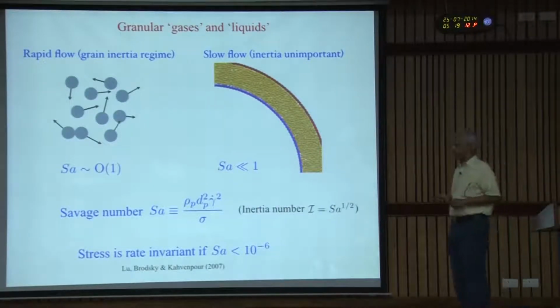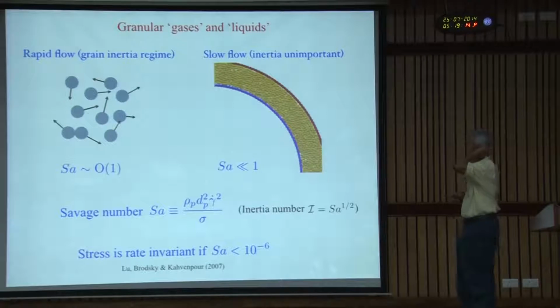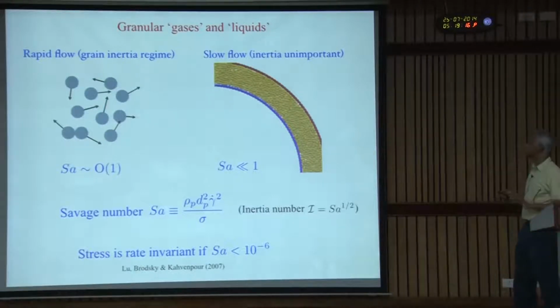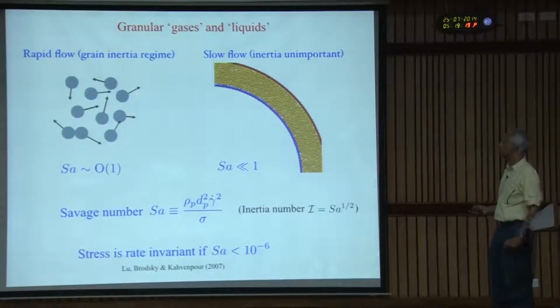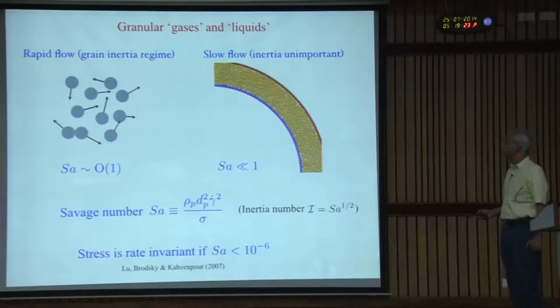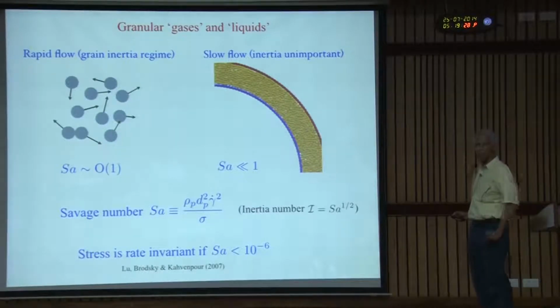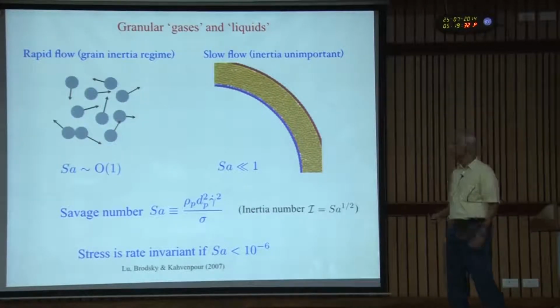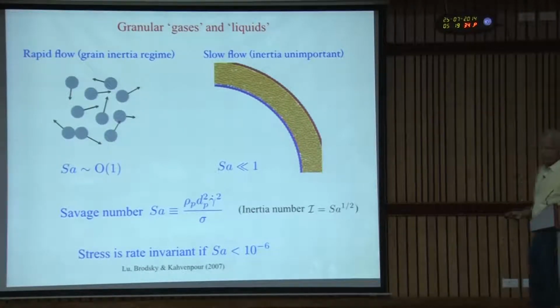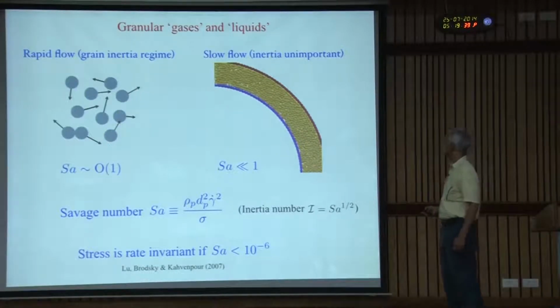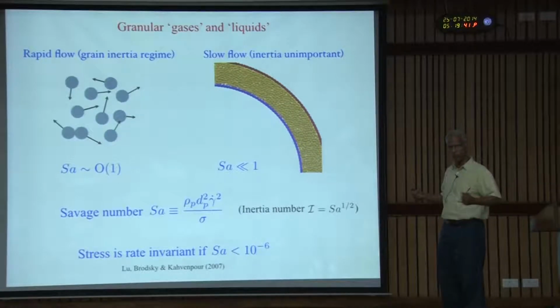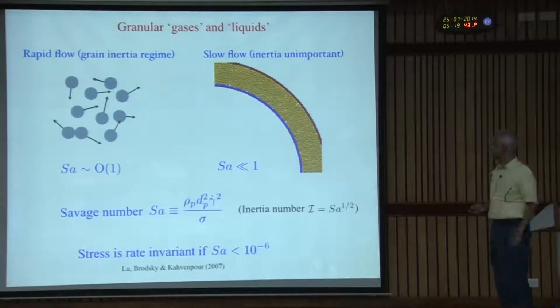So essentially, people have divided the mechanics of granular materials into two distinct regimes. This is the gas-like regime, where particles transmit momentum by colliding with each other. The collisions are very short compared to the time of flight. And this is the very dense regime, where the collisions are relatively long compared to the time of flight between grains.